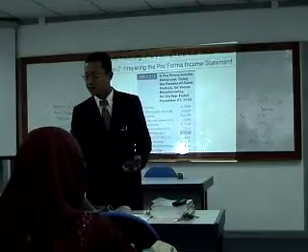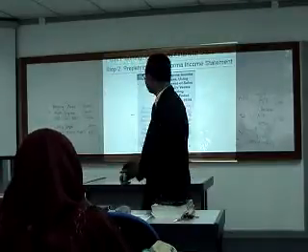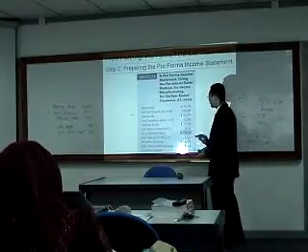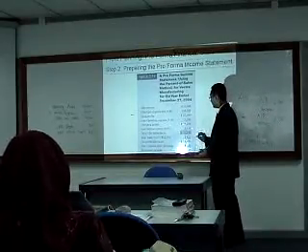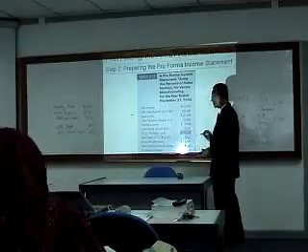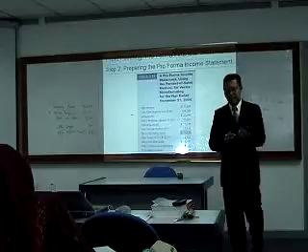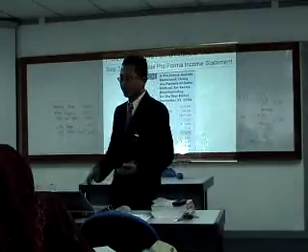We take the 1,823 times 25%, right? You get 455. This is your tax figure, tax liability.